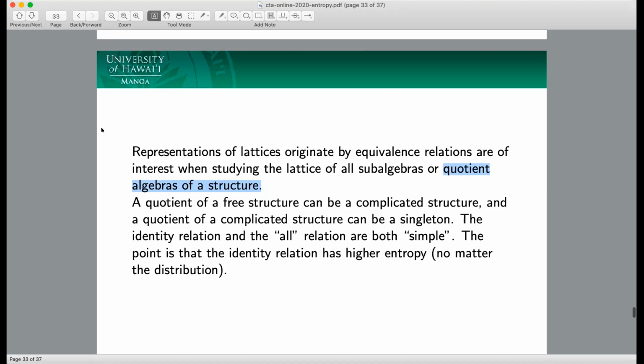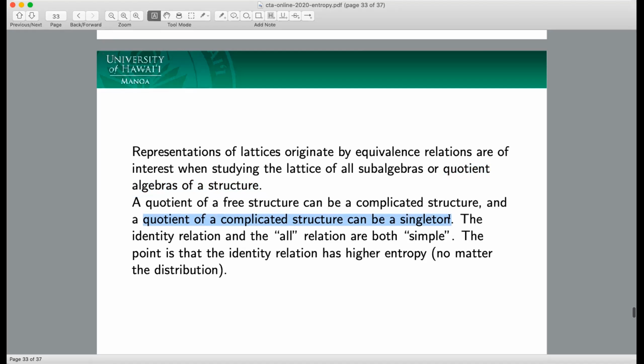And in that setting, it's not really the case that you get the more complicated things in one direction and simpler things in the other direction. This is obvious: any structure is a quotient of a free structure. So a free structure is maybe very simple in some sense, and you take a quotient, you get something more complicated. And then you take a quotient again, and now maybe you have just one element. So if you look at it that way, the most complicated things are somewhere in the middle.